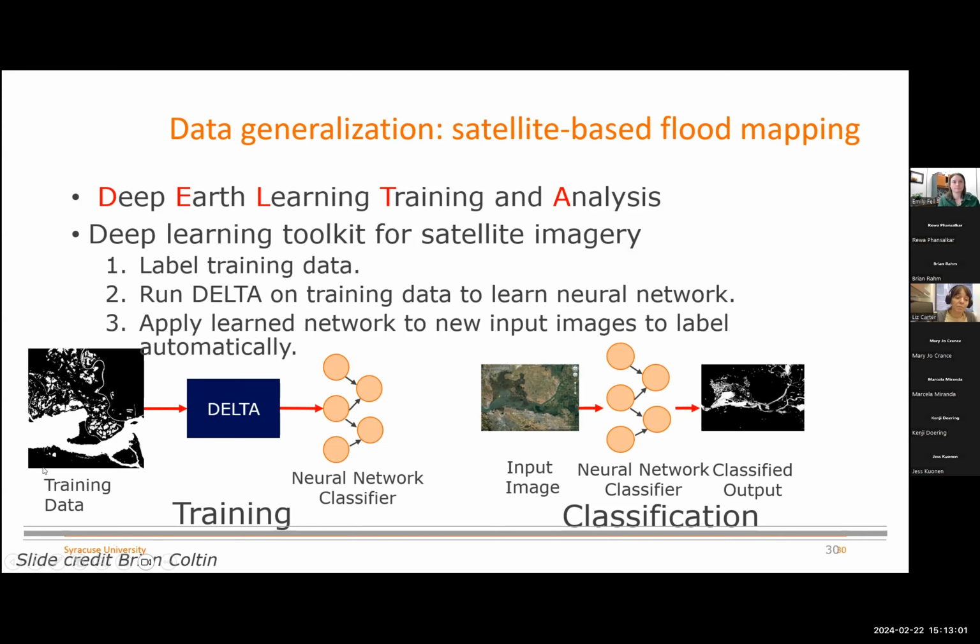So we don't really have methods in place to create spatially continuous estimates of the presence or absence of the feature that we're trying to detect at a scale that allows us to get really good classifiers for our satellite imagery. So we have something called a training data bottleneck. We're not able to create good enough maps of flood extent to create classifiers that can get that information out of satellite images.